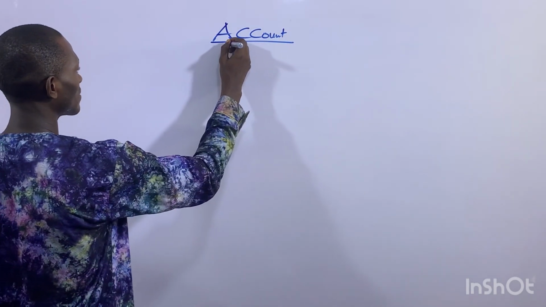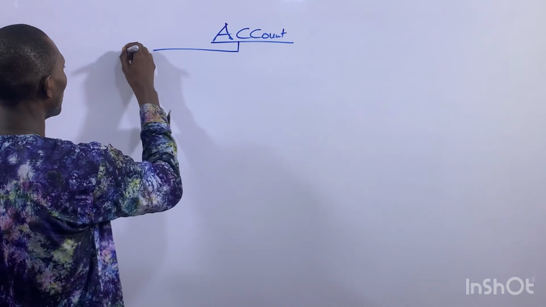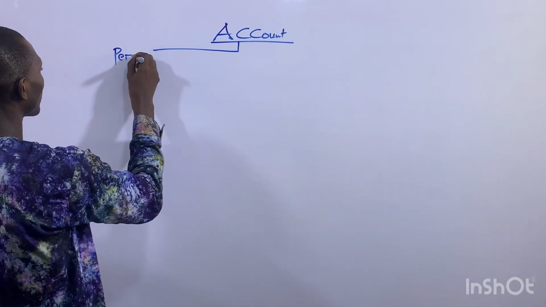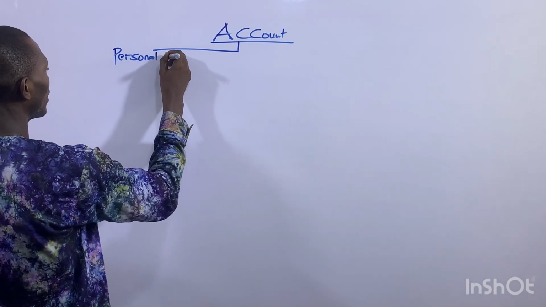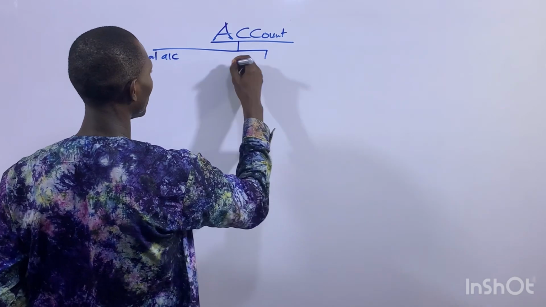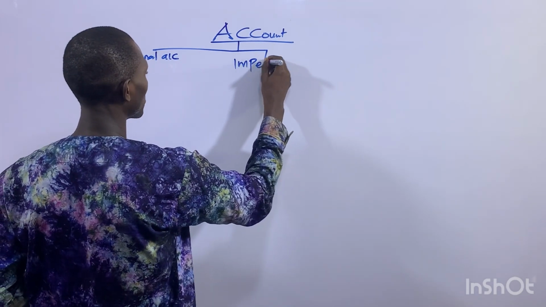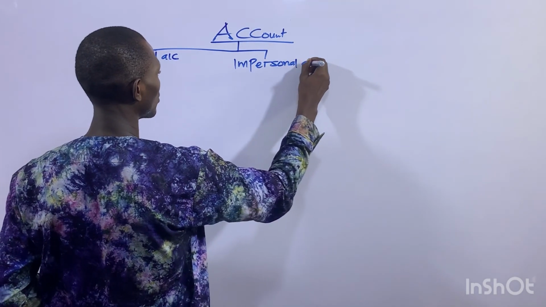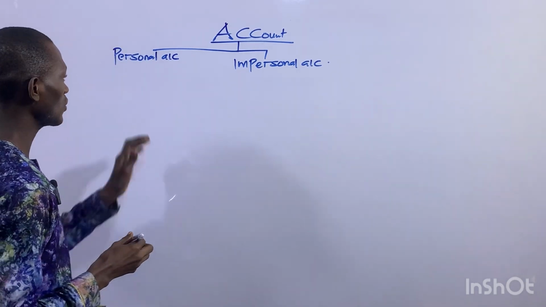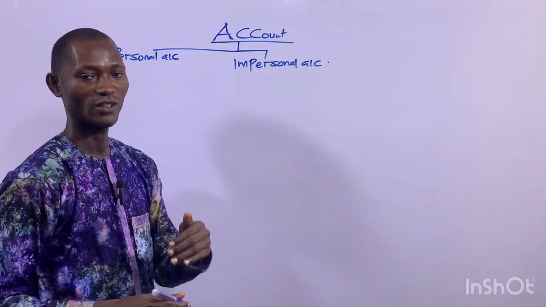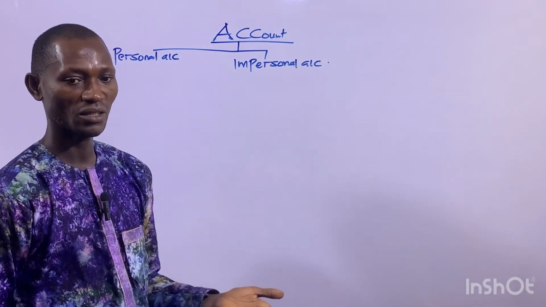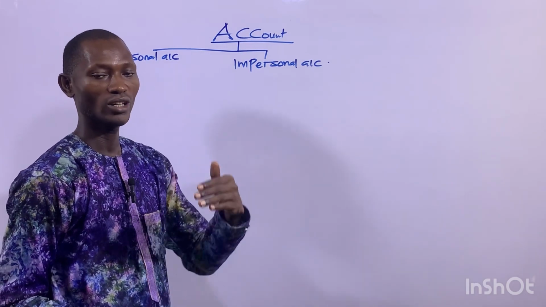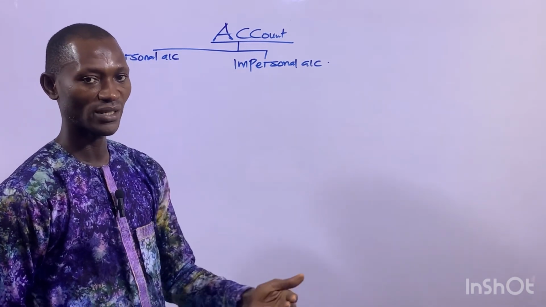Account is classified into two. We have personal accounts and we have impersonal accounts. We say personal accounts are accounts of natural persons, that's individuals, or artificial persons, that's business organizations.